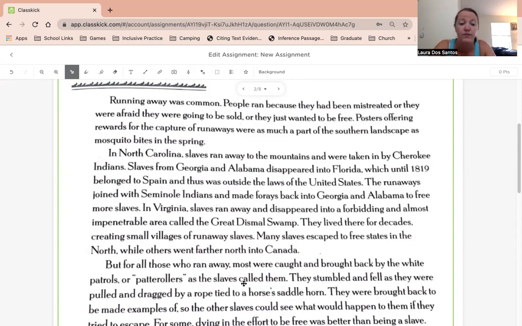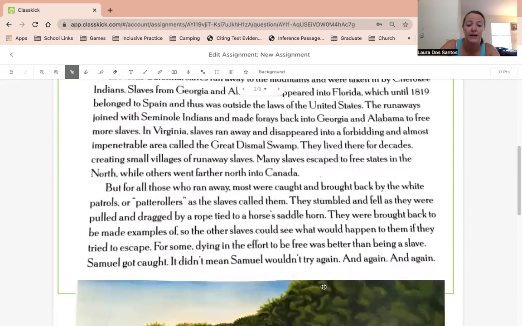The runaways joined the Seminole Indians and made forays back into Georgia and Alabama to free more slaves. In Virginia, slaves ran away and disappeared into a forbidding and almost impenetrable area called the Great Dismal Swamp. They lived there for decades, creating small villages of runaway slaves. Many slaves escaped to free states in the north, while others went farther north into Canada.